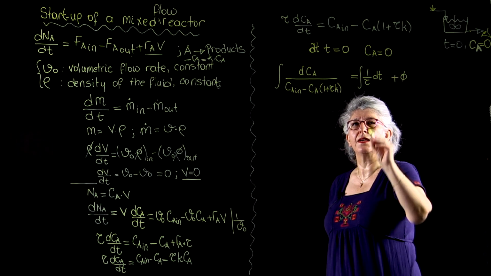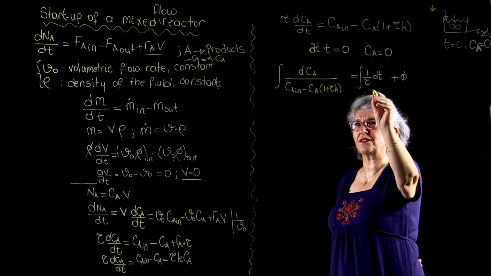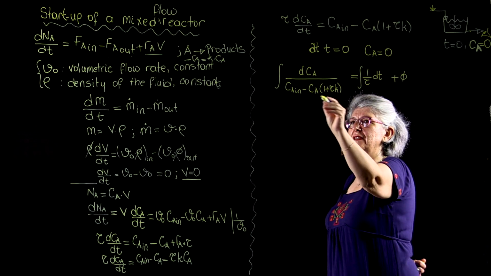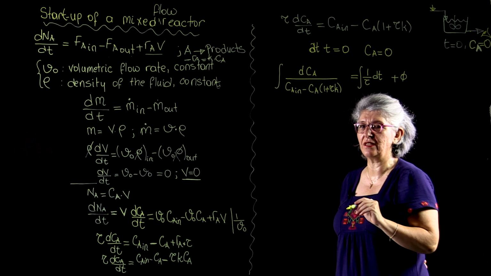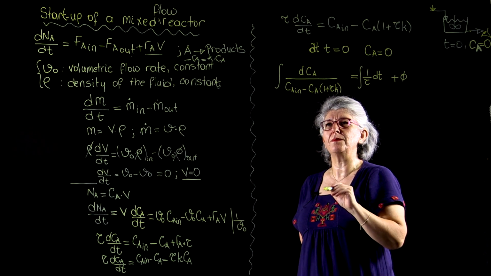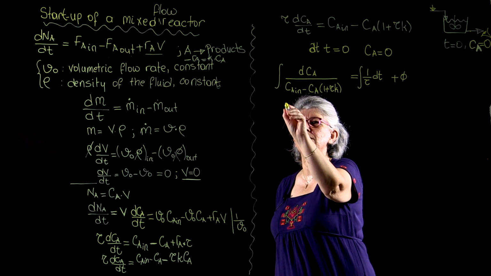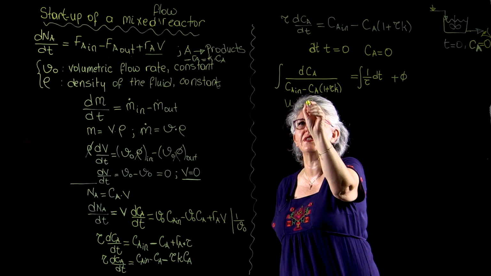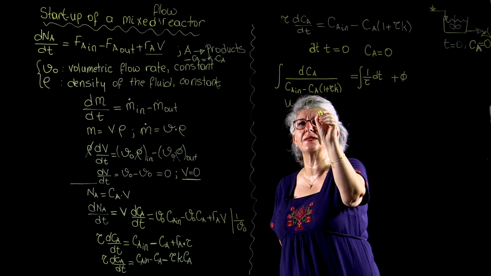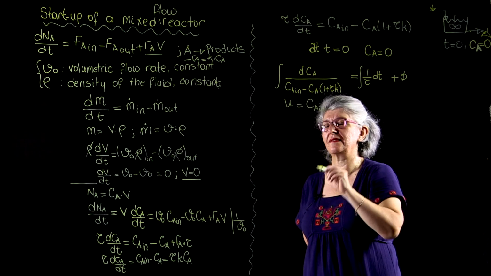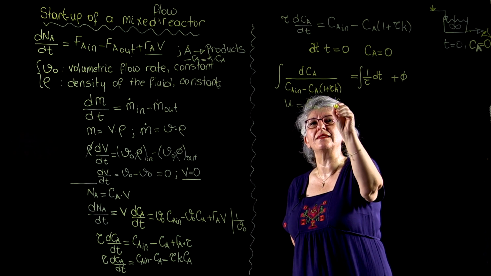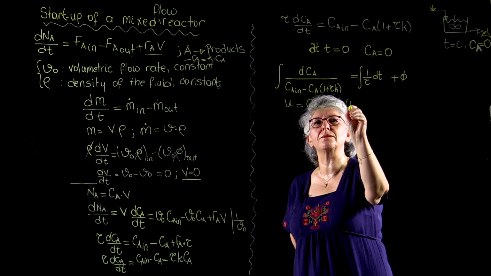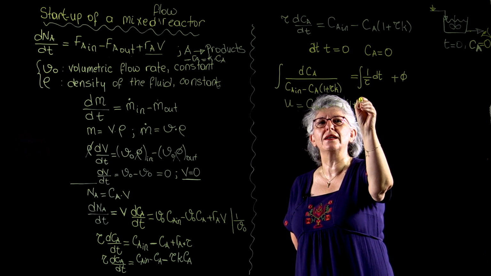This integral is fairly straightforward. Here I will need to make a change of variable. I will define a new variable u, which is equal to Ca,in (and remember, Ca,in is a constant) minus Ca times 1 plus tau k.